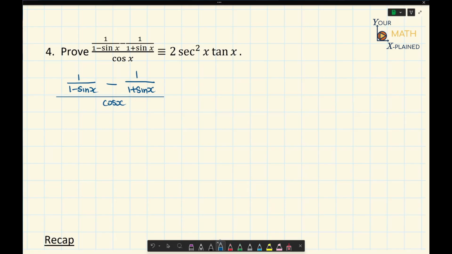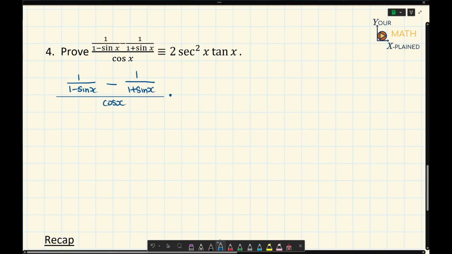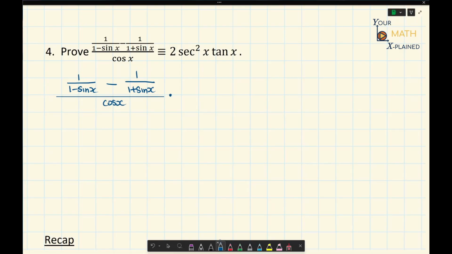And what we're going to do is multiply this fraction by both of the denominators that you see in the numerator. So we're going to multiply this by 1 minus sine x times 1 plus sine x. And then we need to do that with the denominator as well. So 1 minus sine x, 1 plus sine x.